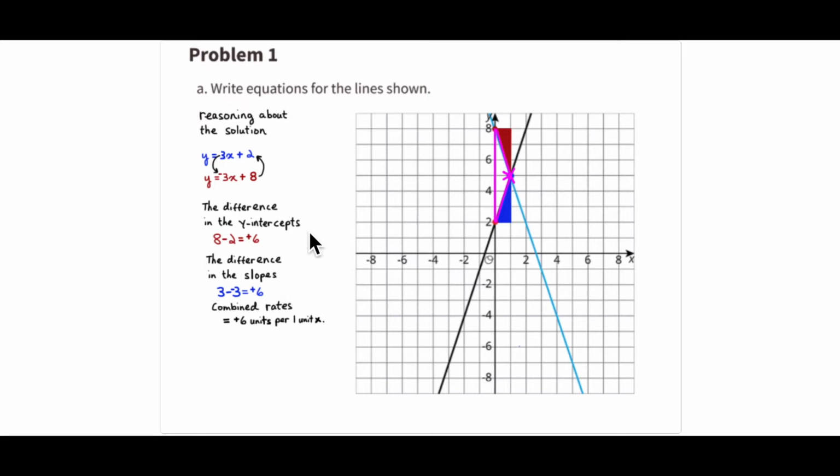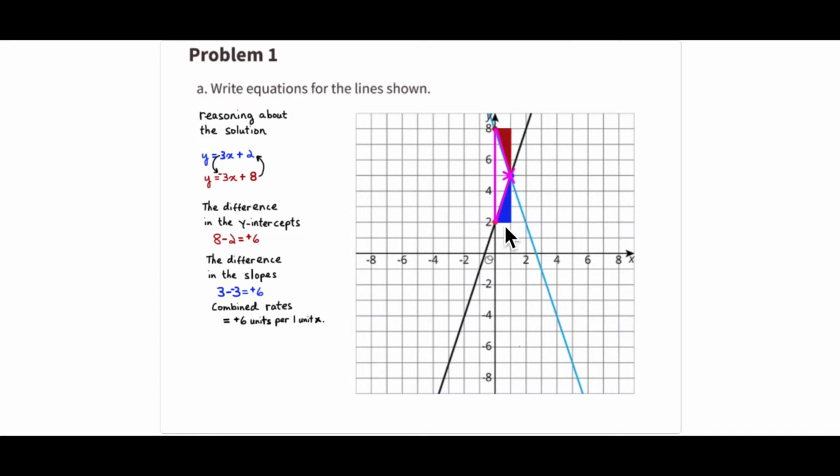And that's the difference in the slopes. So the difference in the slopes between the first graph and the second graph is 3 minus negative 3. So the slope for this black graph here, that was graph number 1, was positive 3. The slope for this blue graph was negative 3. That difference is positive 6.